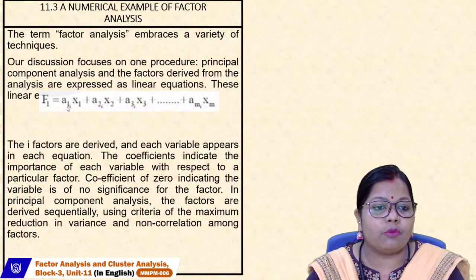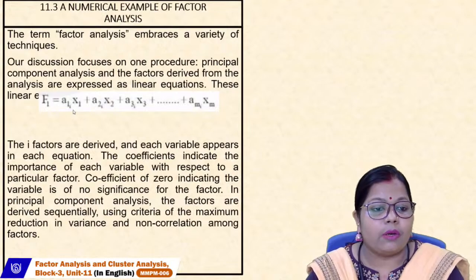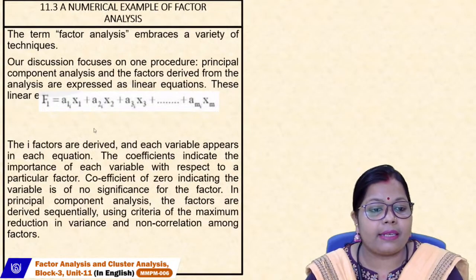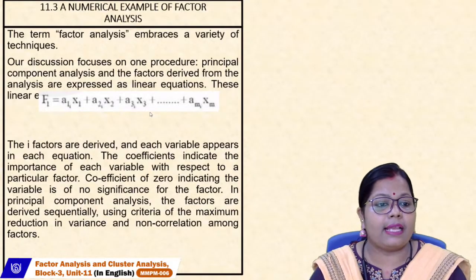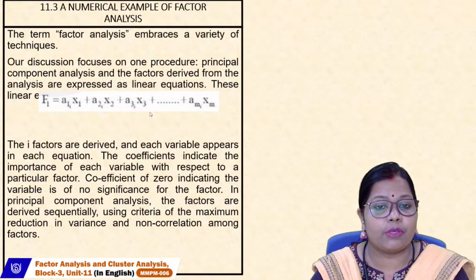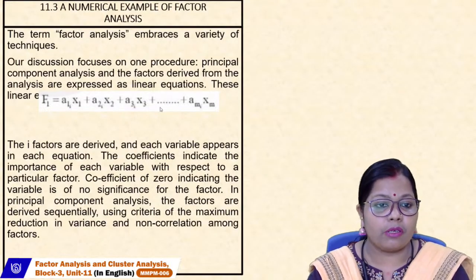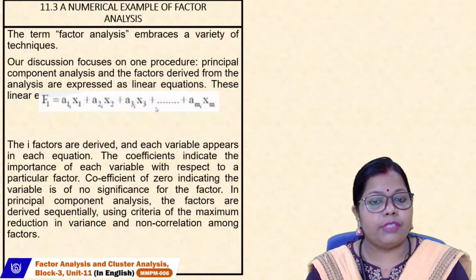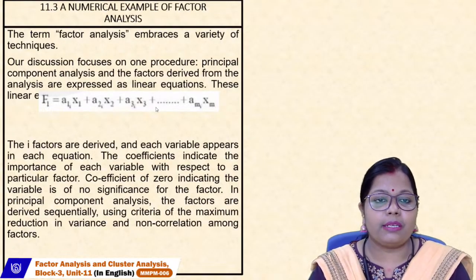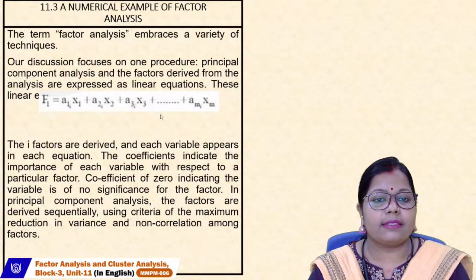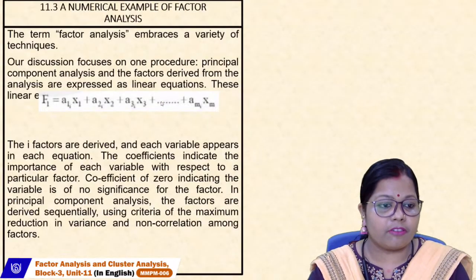So the terms 1, 2, 3 up to m have a suffix i. What is that i? That is the factor i we derive. These are linear equations, as is clearly visible. All the powers of the variables are 1, which is one of the most important assumptions of factor analysis, that it is in a linear form.